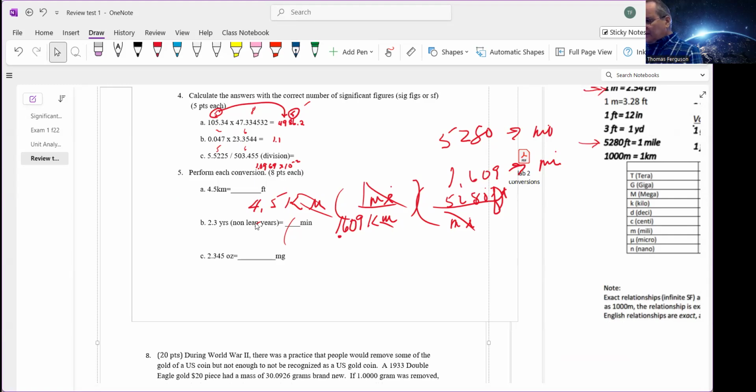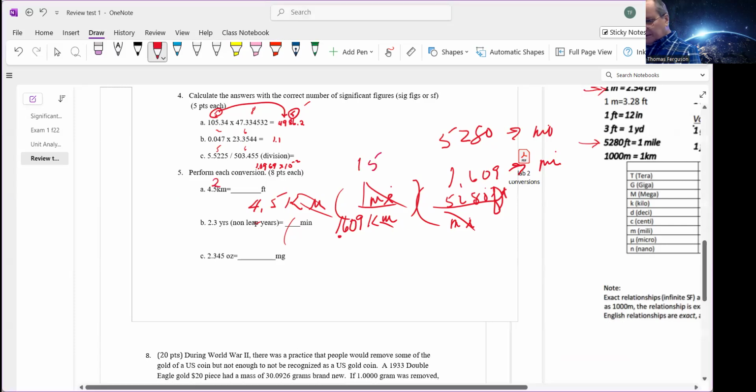Okay, sig fig wise, we need two. So it's going to be 15.